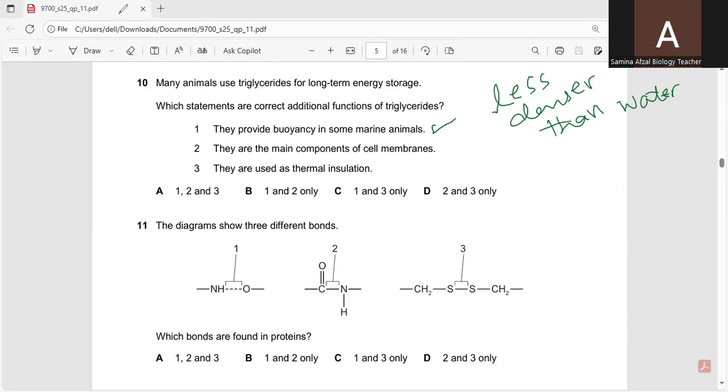They are the main components of cell membranes. Cell membranes don't have triglycerides.